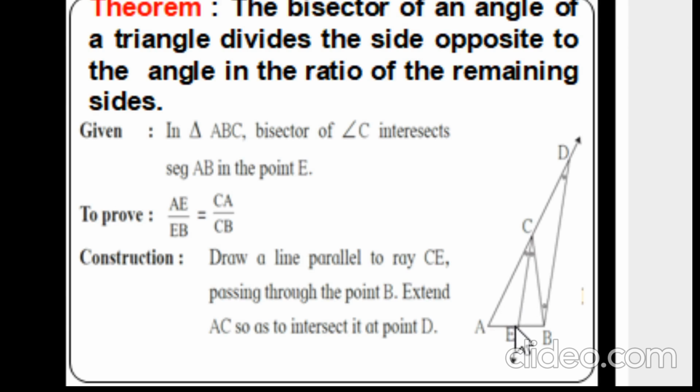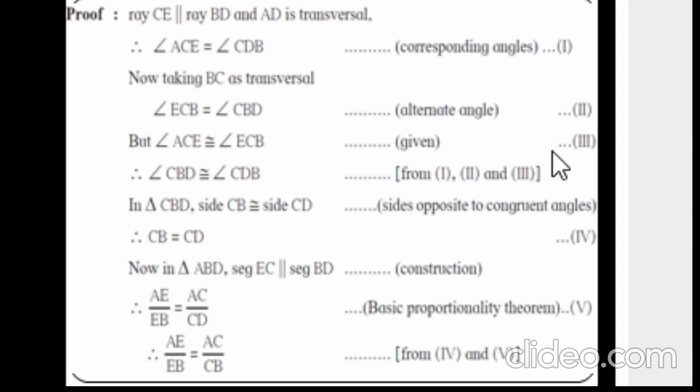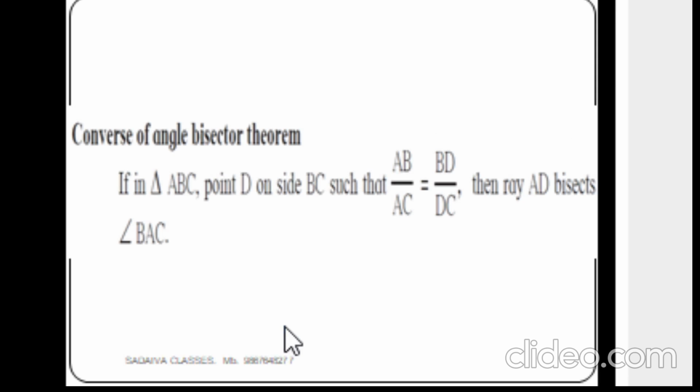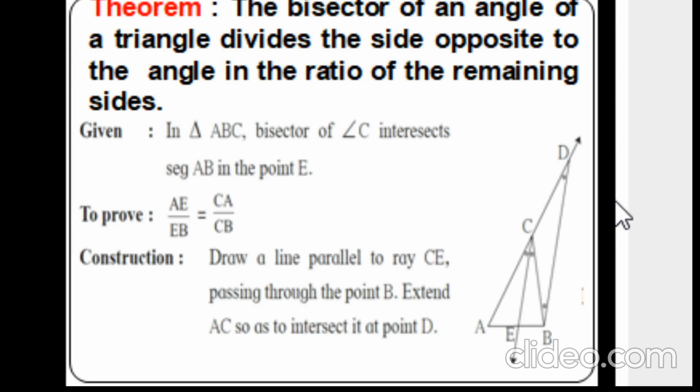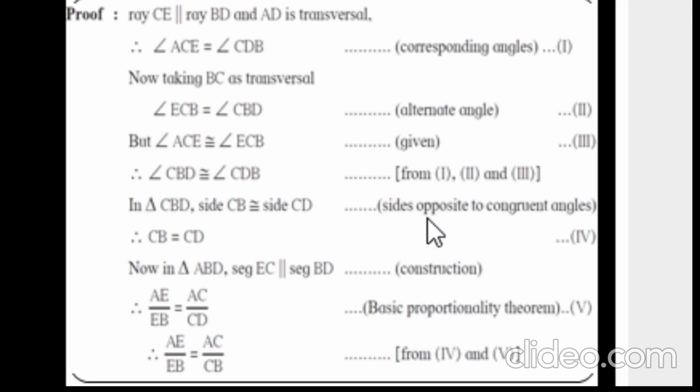Therefore, you get AE upon AB is equal to AC upon CD. So you have to replace CD by CB from 4. So you get AE upon AB is equal to AC upon CB. So this is your proof.